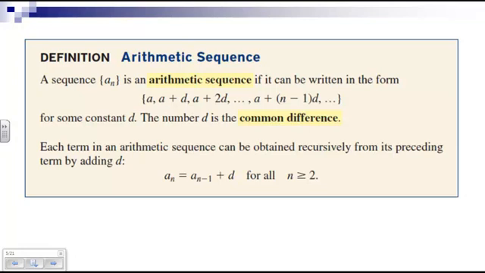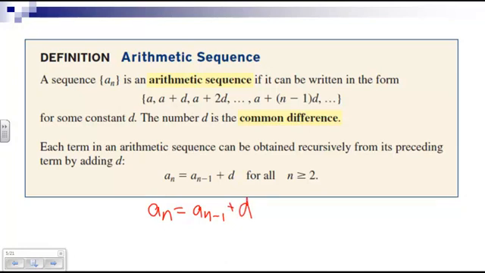The d is referred to as the common difference. And every arithmetic sequence can be defined using that recursive definition: a sub n is equal to a sub n minus 1 plus that common difference.